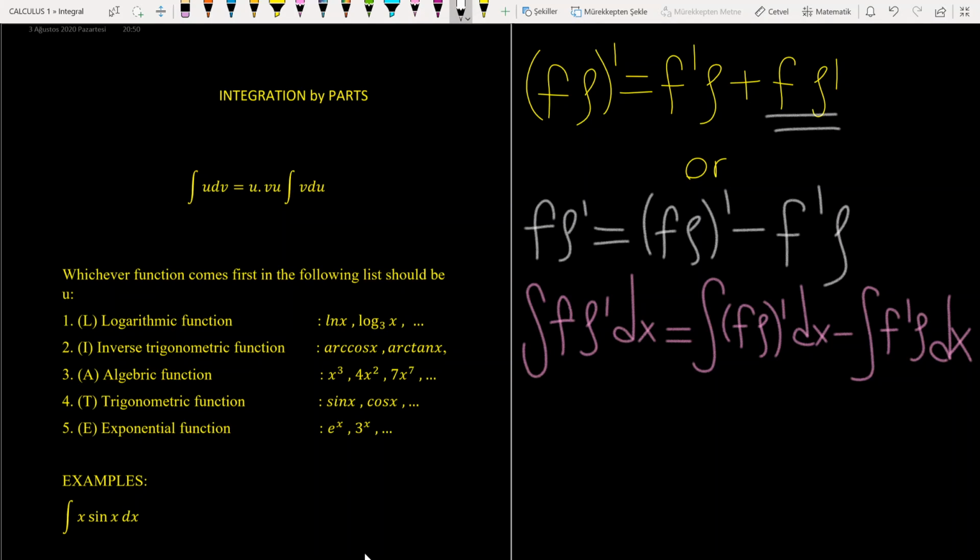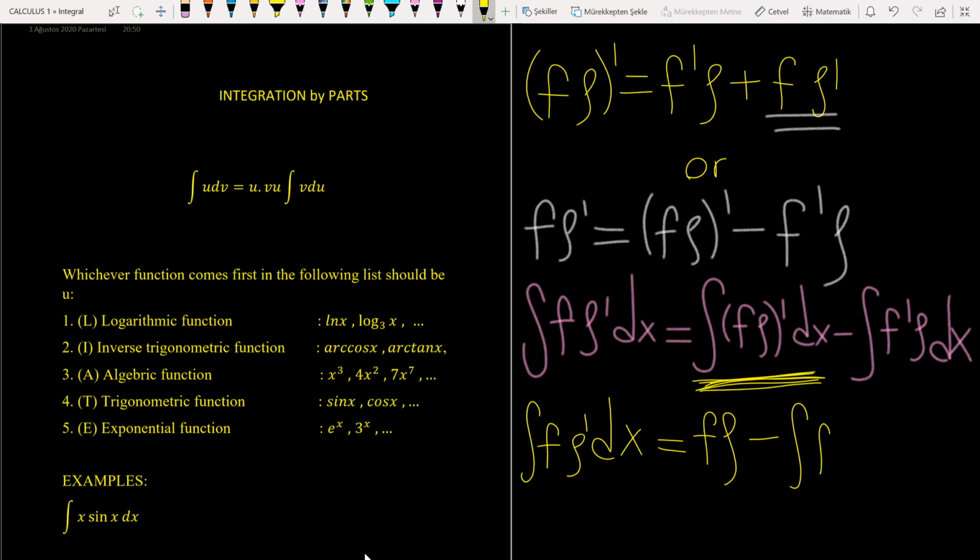Okay, now it's possible to use the fundamental theorem of calculus to re-express this term. So we have the integral of f g prime dx is equal to, instead of this, f times g minus the integral of f prime g dx.